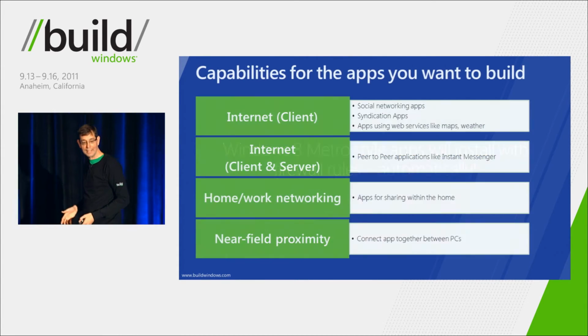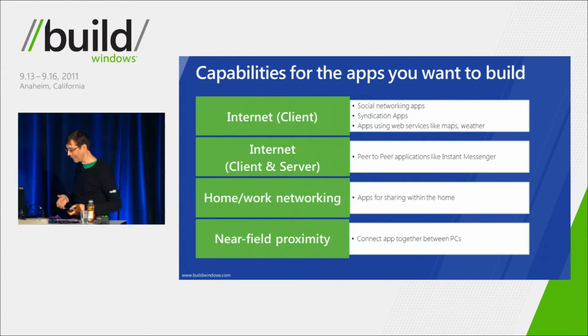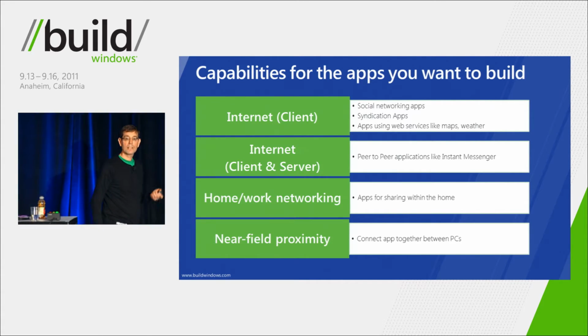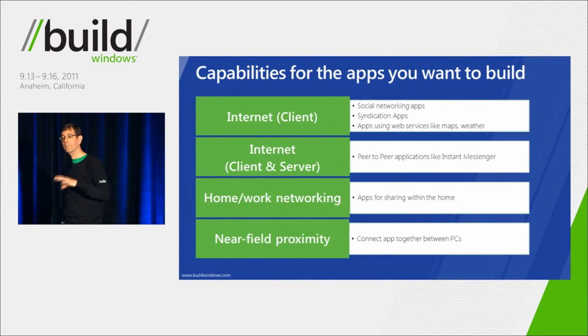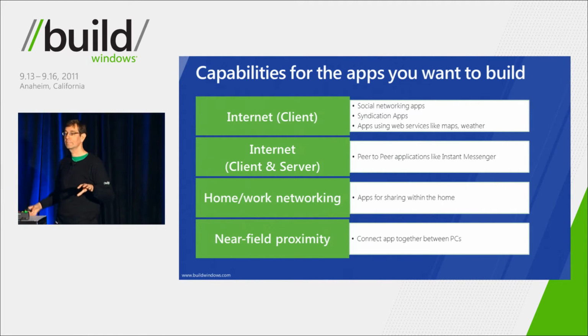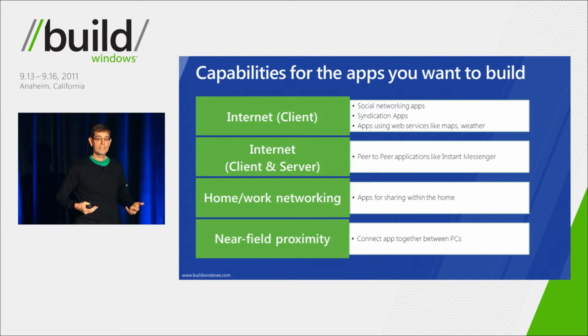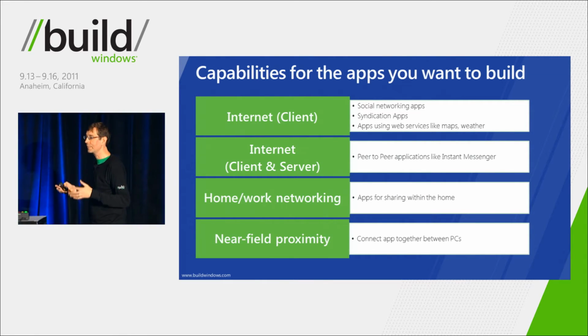We can do that because we have what we call capabilities inside of the application. The capabilities is simply a list of things that your app is allowed to do. It is inside what we call the app manifest. Every app, JavaScript, C#, C++, Visual Basic, all of these that are Metro-style apps have a manifest, and every manifest has a list of capabilities.